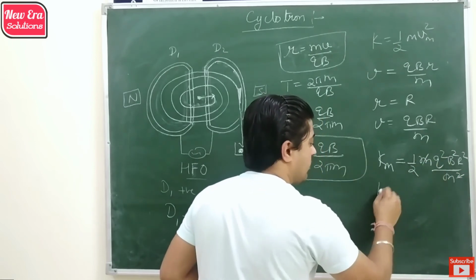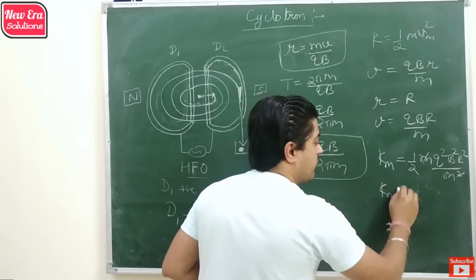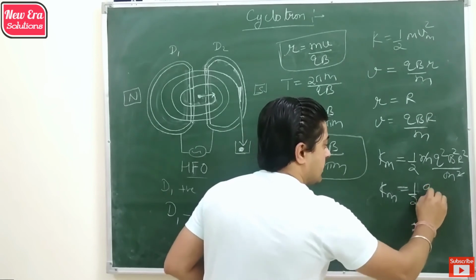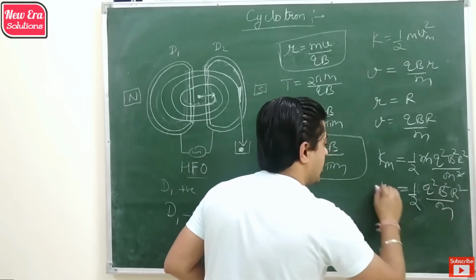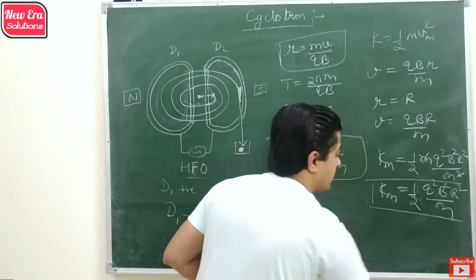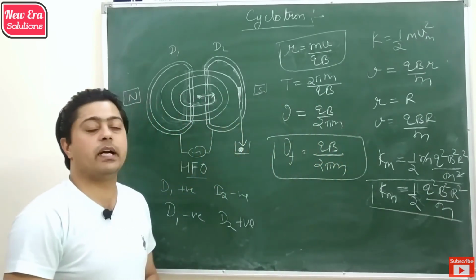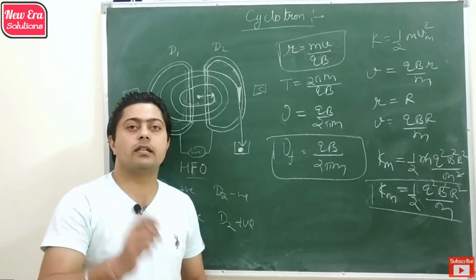So m is cancelled out, and the maximum value of kinetic energy is half q squared B squared R squared by m. This is the maximum kinetic energy gained by a charged particle in a cyclotron.